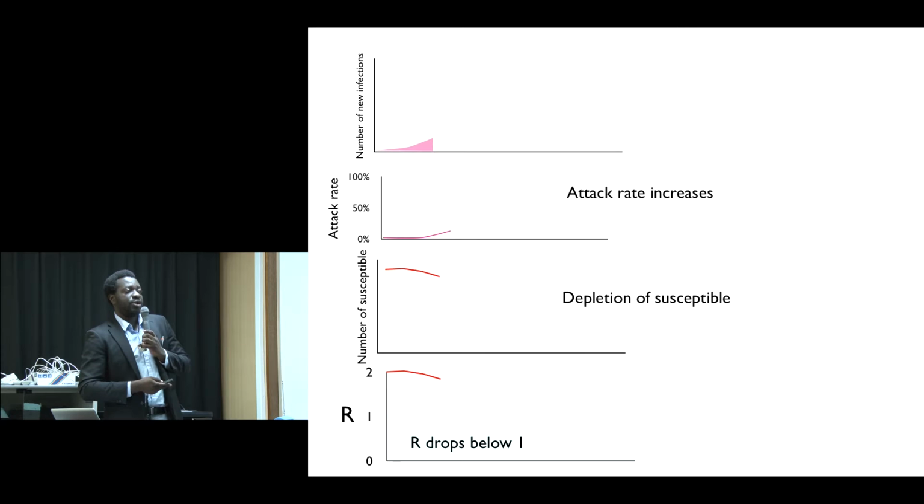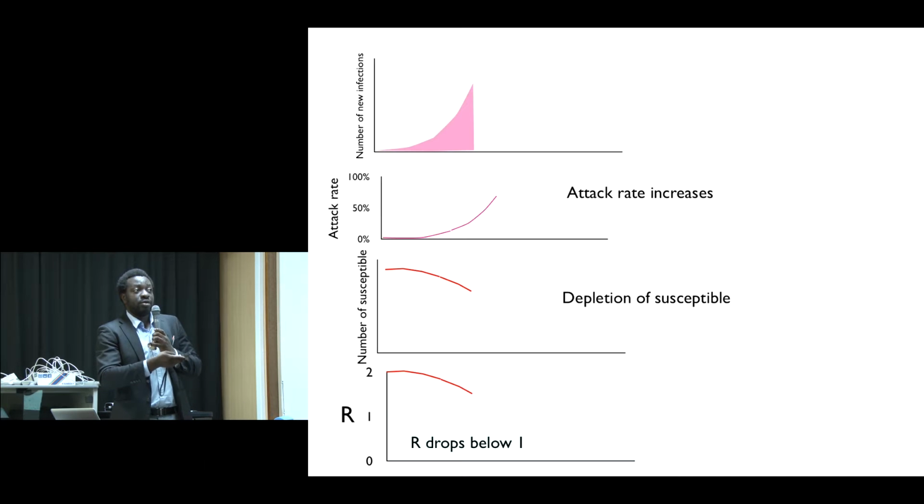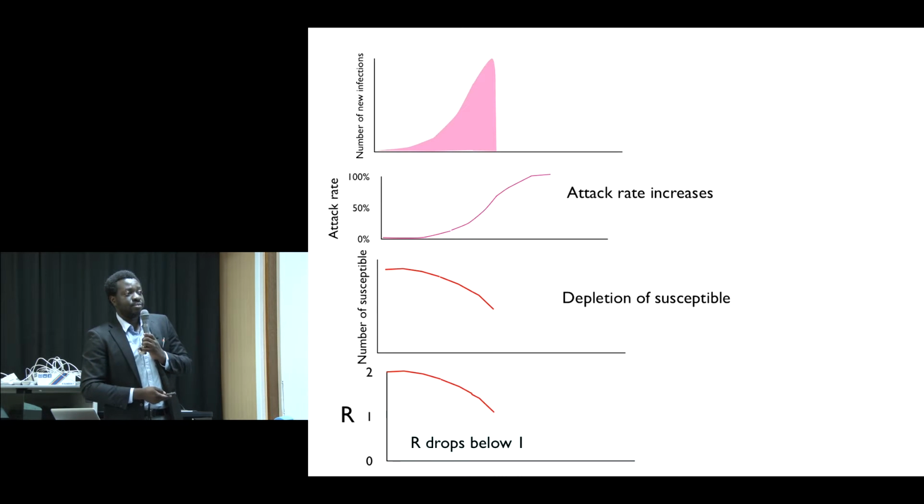So this is showing you what happens. As the epidemic goes on, the attack rate increases. The proportion of susceptible goes down because some people become immune, and the effective reproduction number also goes down. And at some point, when it becomes 1, it means that we have reached a plateau, a stable point.